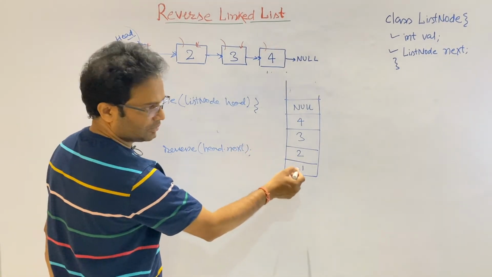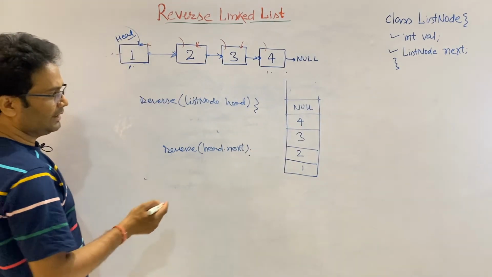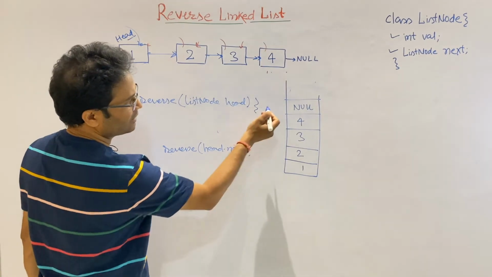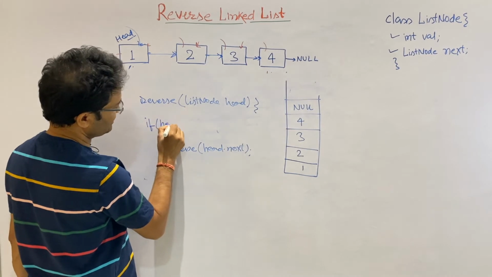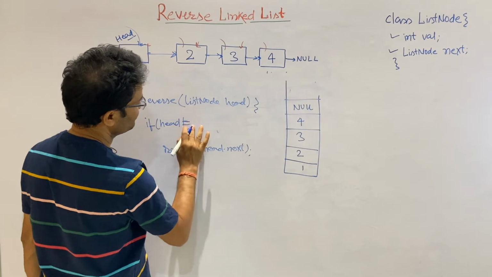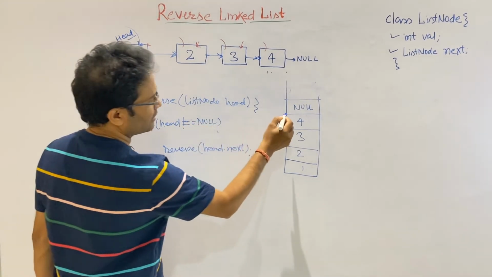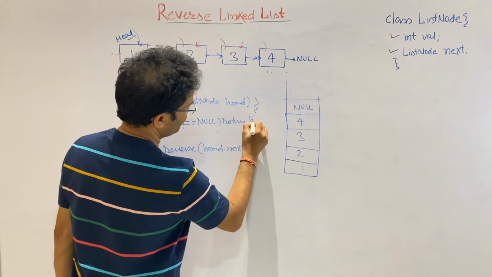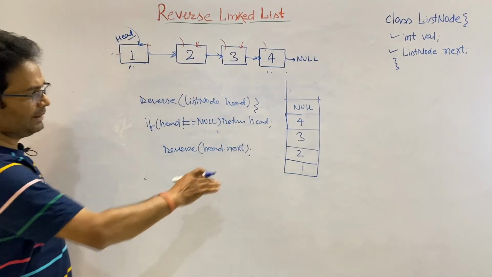So every time the next will come onto the stack, and when you have to stop it, when that head is null. So this is the termination condition, right? When head is equal to null, then I need this first part, right? So you can say return the head, because I have to stop somewhere, right?